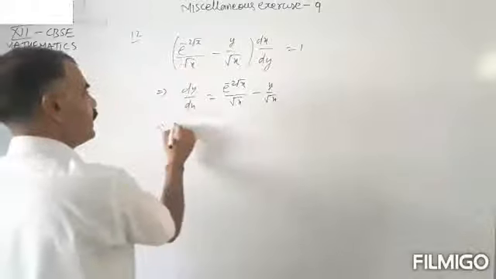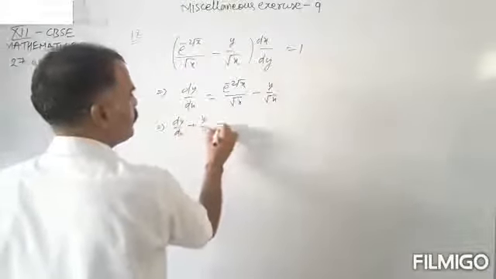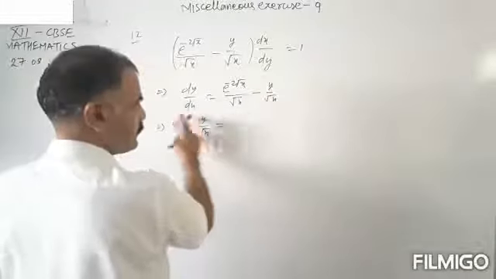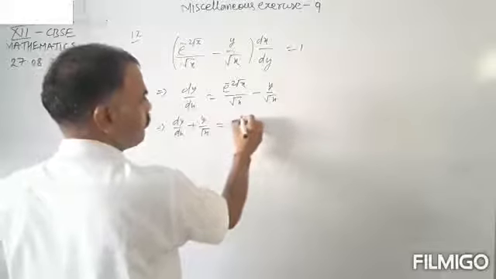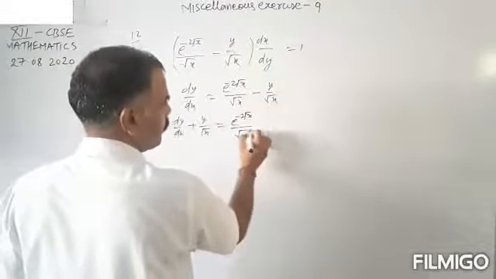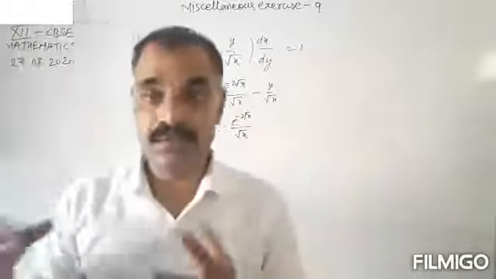This can be written as dy upon dx plus y upon under root x is equal to e to the power minus 2 under root x upon under root x.